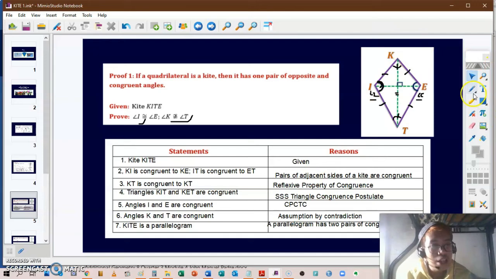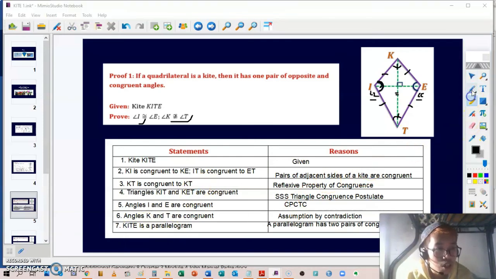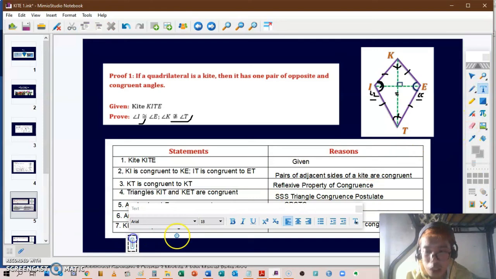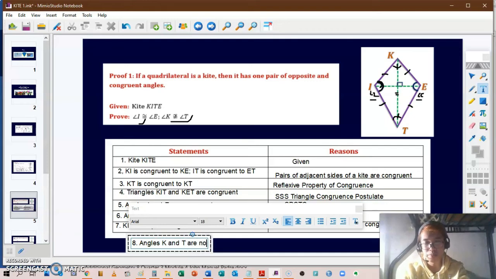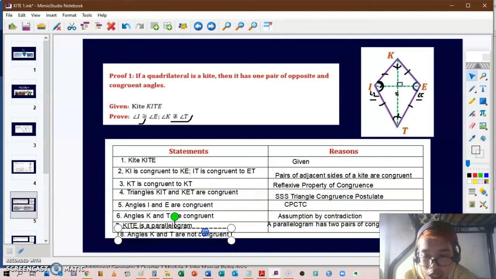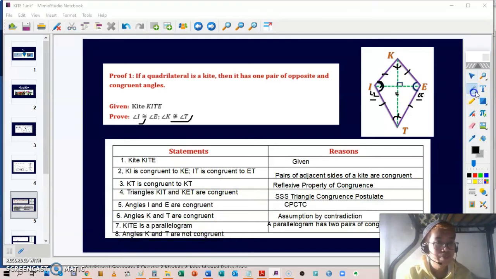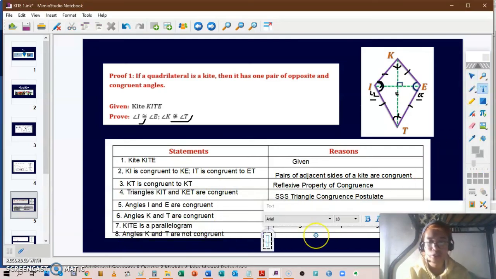Therefore, the assumption that angles K and T are congruent is not true. We can say here on our 8th statement that angles K and T are not congruent, because that will be a contradiction to our given. The reason for that is a contradiction to the given information.